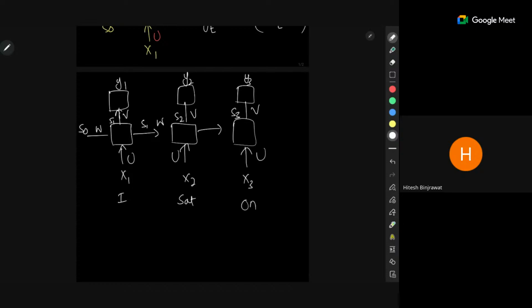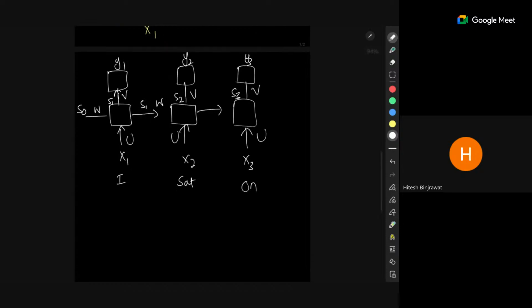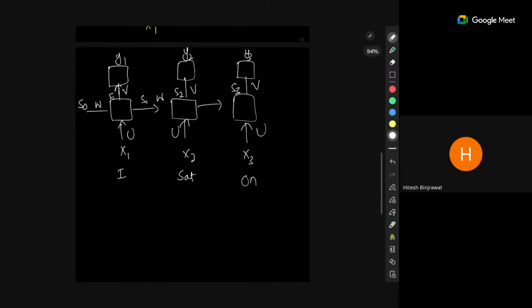Now we have to do backpropagation. So before that, what is the loss going to be, right? If we know the loss, we can do the backpropagation. So the output is softmax, and we'll use cross entropy as the loss, right? So we'll use negative summation from i to k classes of y true times log of y hat.